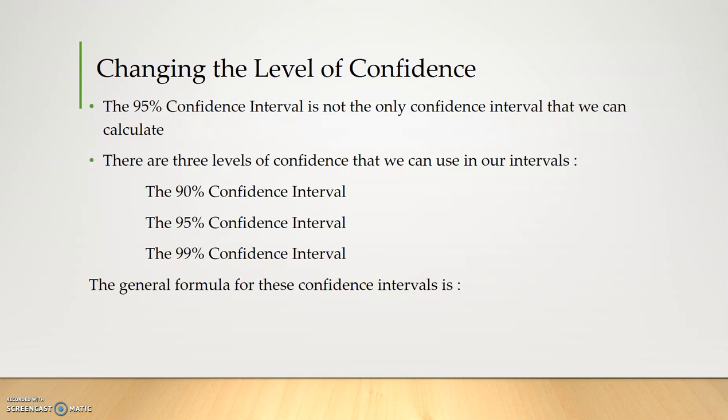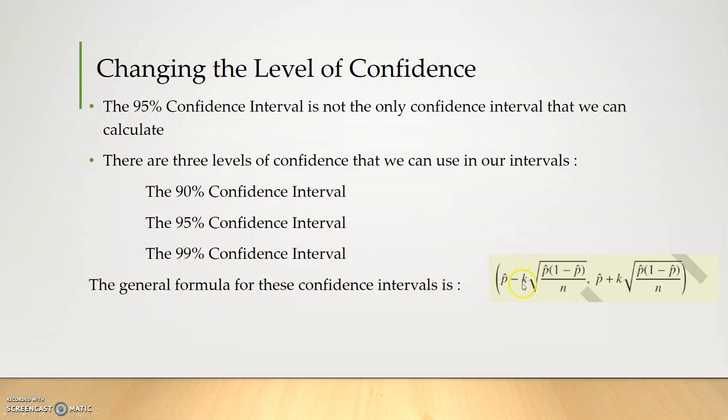There's a general formula for all 3 of these confidence intervals, and the formula looks like this. You'll see when you look at it that it is like the formula for the 95% confidence interval, except instead of having 1.96 here, we have the value of a constant which we're calling k.